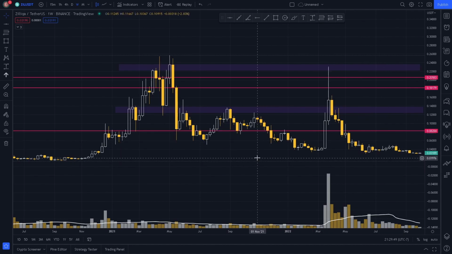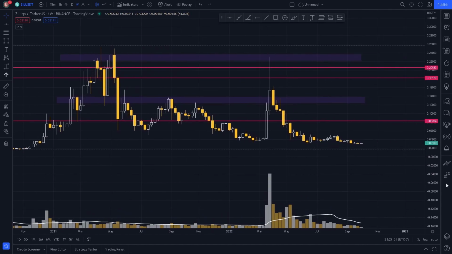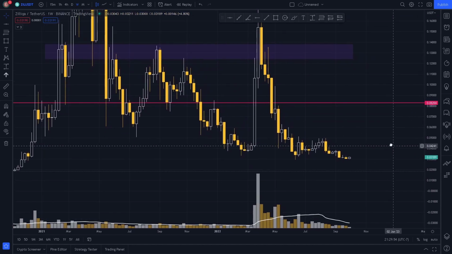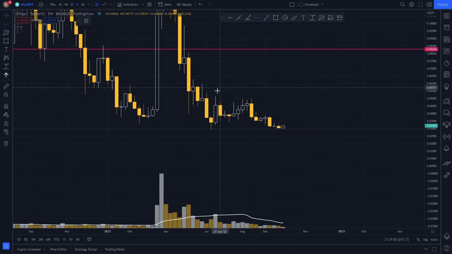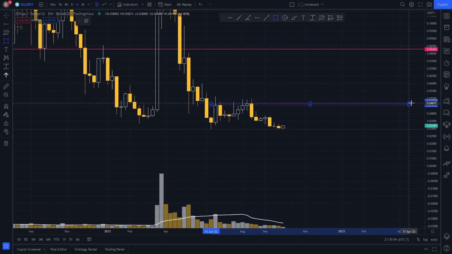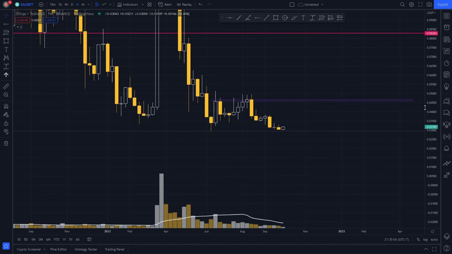So what else can we find? Let's look at the most recent price action. And we can see that we have two levels right here, so let's plot in a weekly zone where price has tried to break through but got rejected.